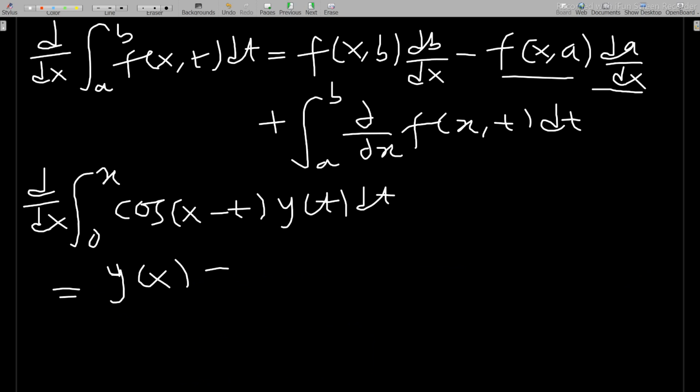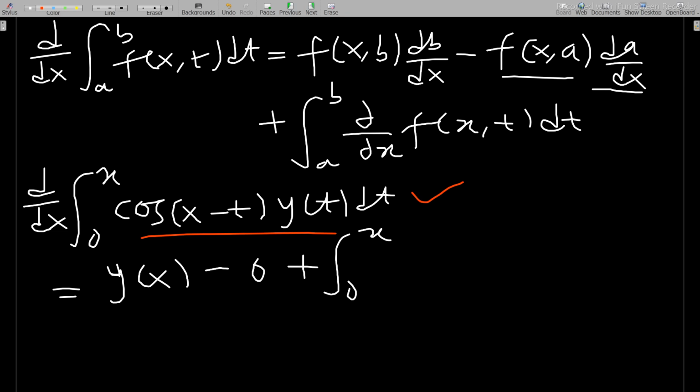So it means everything will tend to 0, then plus the integral from 0 to x. Now I have to differentiate this function, whatever is inside, with respect to x. And when I do that, the differential of cos will give me minus sine. So I'll get something like minus sine of (x minus t).